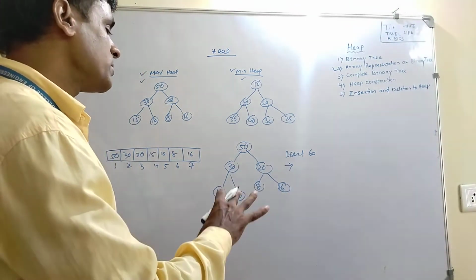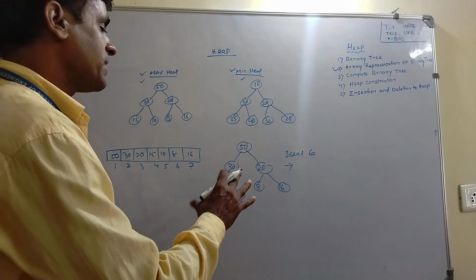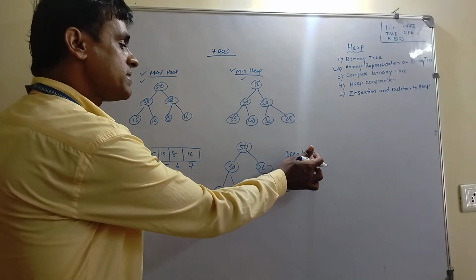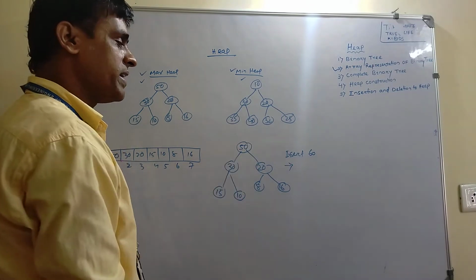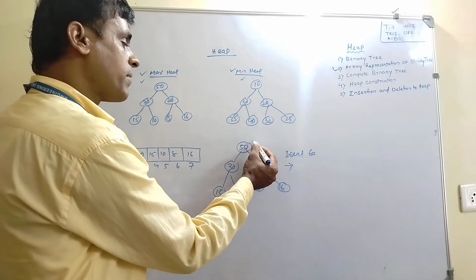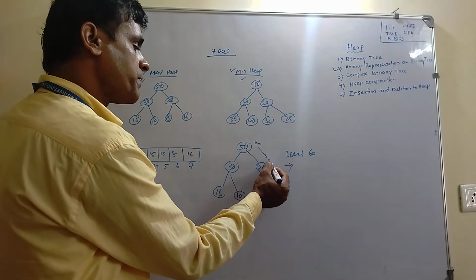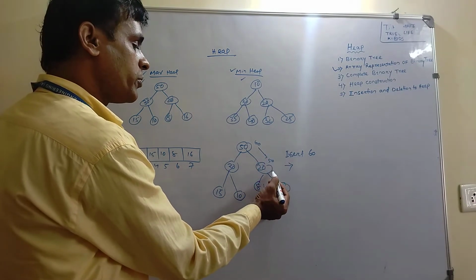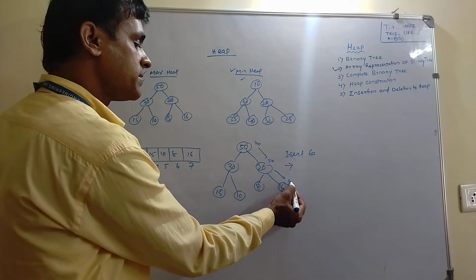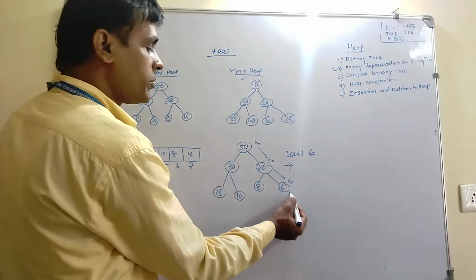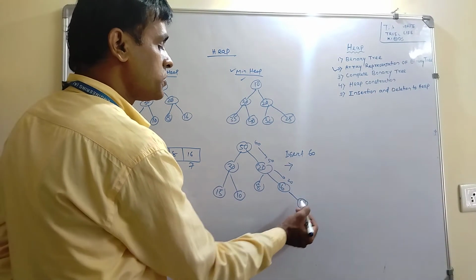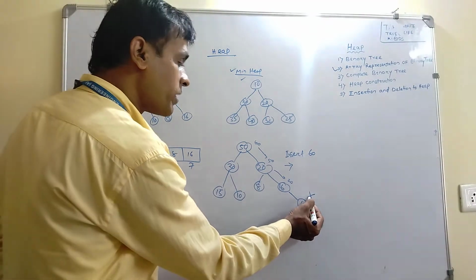What some people do is think that if 60 is inserted, it is greater than 50, so 60 will be here and 50 will come here, and if 50 comes here, 20 will come here, and if 20 comes here, 16 will come here. This is actually a wrong representation. Why?